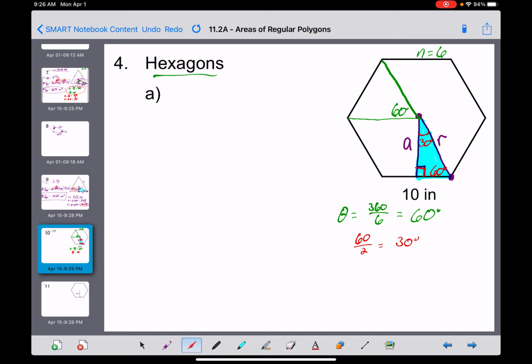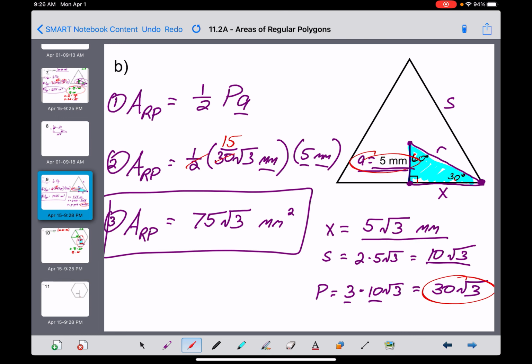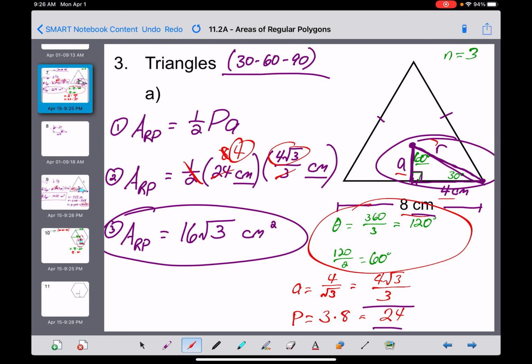So, just like with equilateral triangles, with regular hexagons, we are again dealing with 30, 60, 90 right triangles here. Except this time, the 30, 60, 90 is kind of standing up. It's taller than it is wide, as opposed to what we did here, guys, where that 30, 60, 90 triangle was kind of laying down on its side.